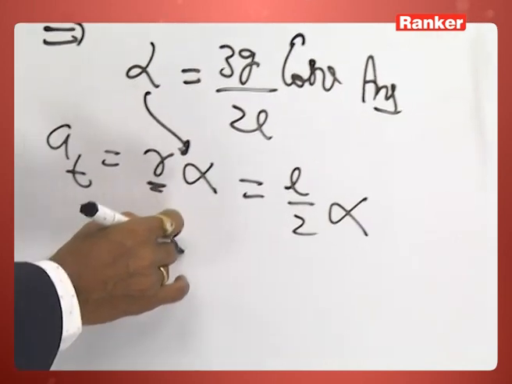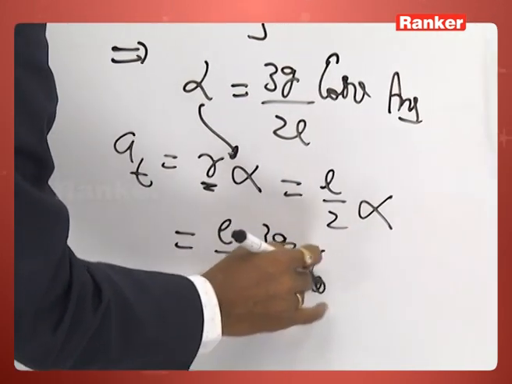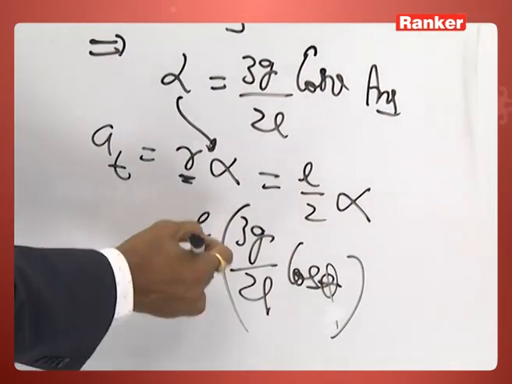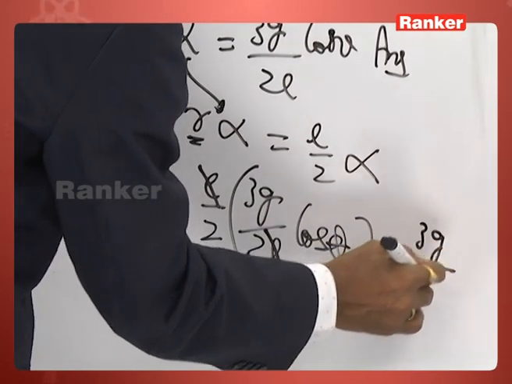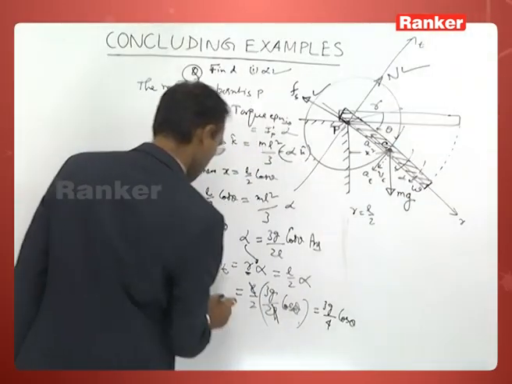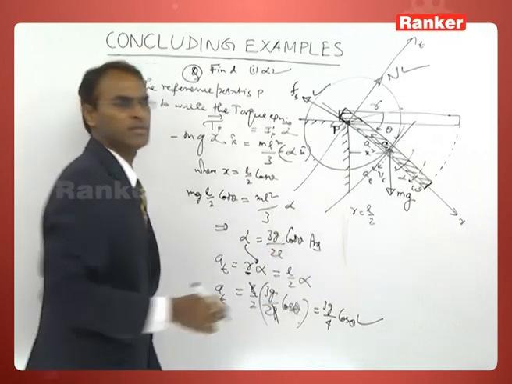Substituting alpha, you are getting L by 2 into 3g by 2L cos theta. So L getting cancelled. You are getting 3g by 4 cos theta is the acceleration of the center of mass in tangential direction.